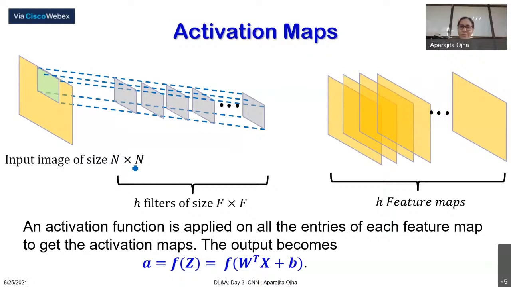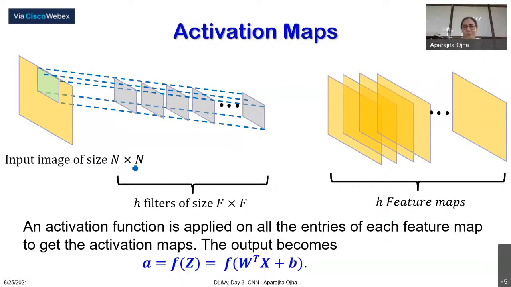So an activation function is applied on all the entries of each feature map to get the activation maps. The activation map consists of entries of the type A, which is equal to f of Z, which is equal to f of W transpose X plus B. All right.